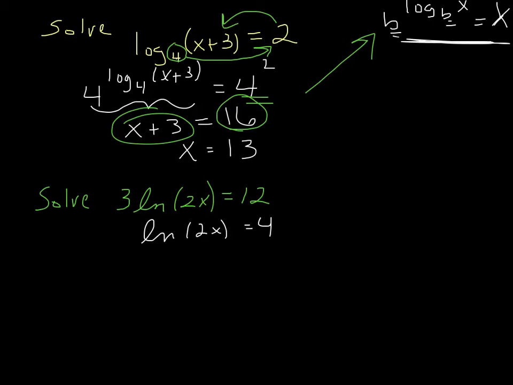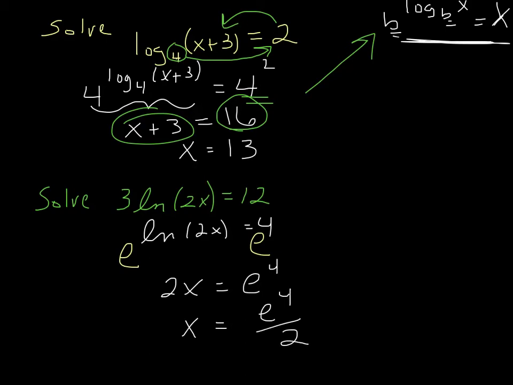Remember, the base of the natural log is just e. So if I make both of these things exponents with the base of e, that tells me that 2x is equal to e to the 4th power, which means x is e to the 4th divided by 2.